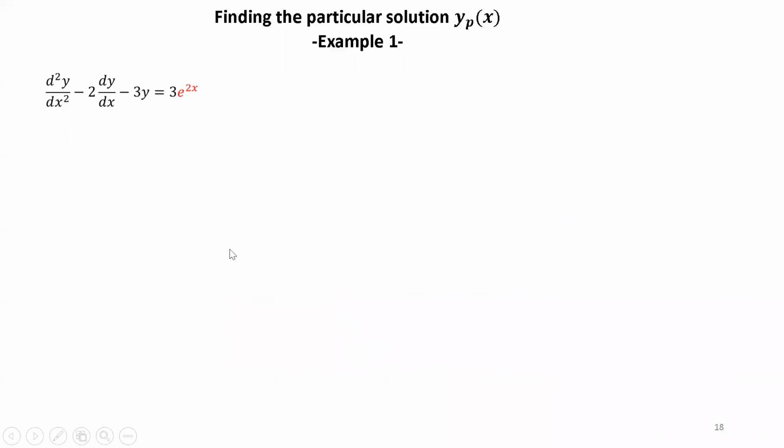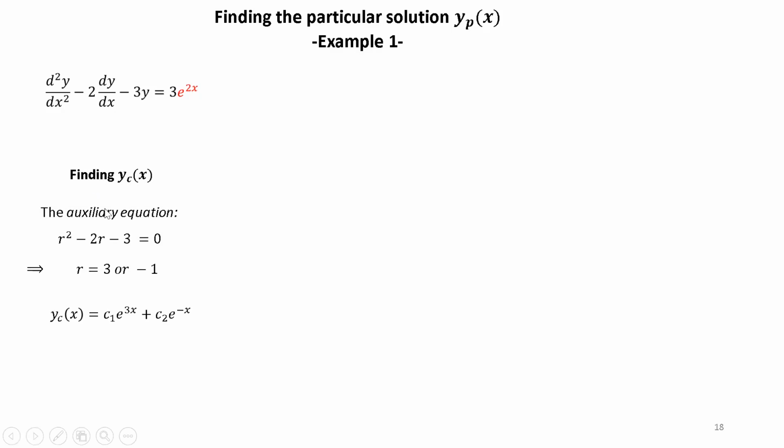The best way to learn is to look at examples, of course. This is the first example I want to talk about. So what are the procedures? First, don't care about the right hand side, and solve for the complementary solution first.